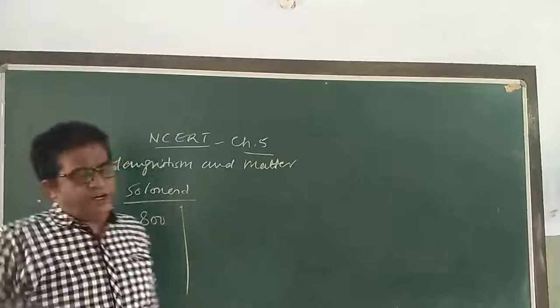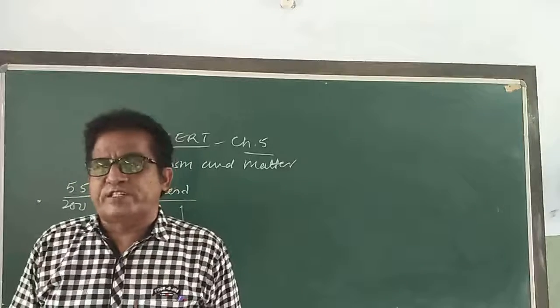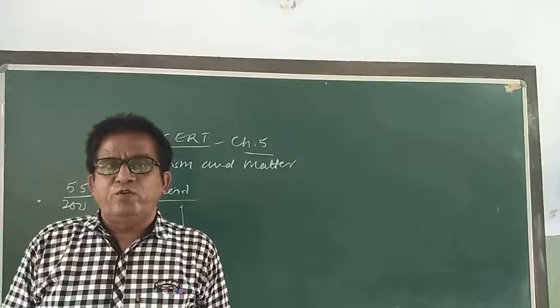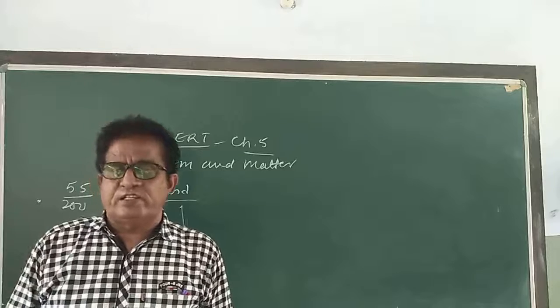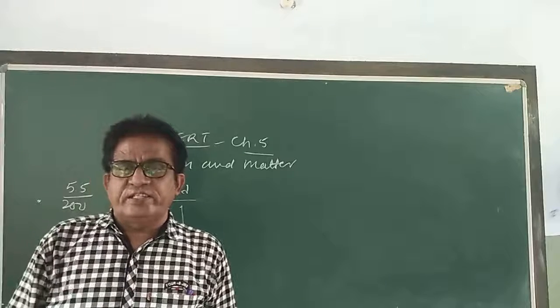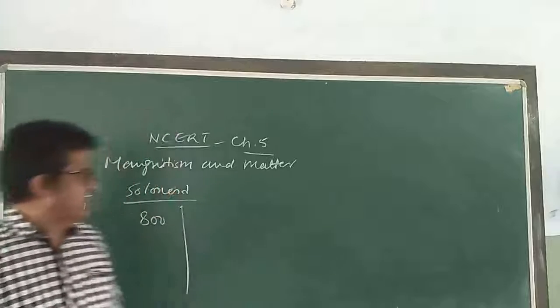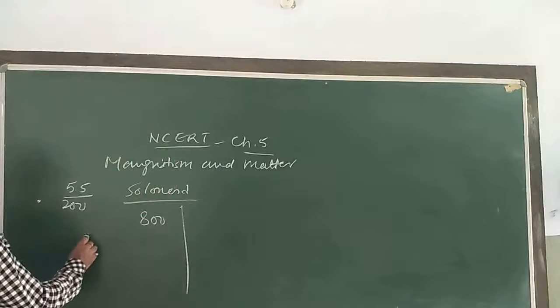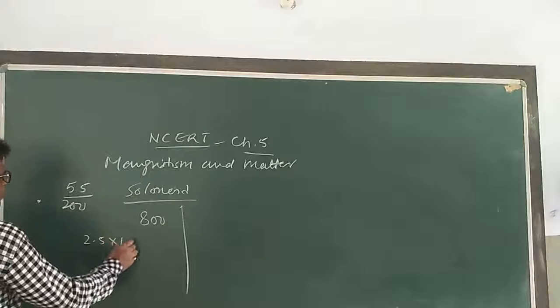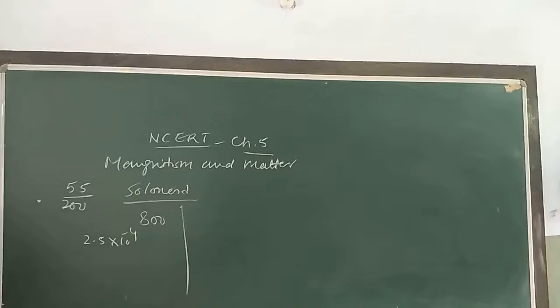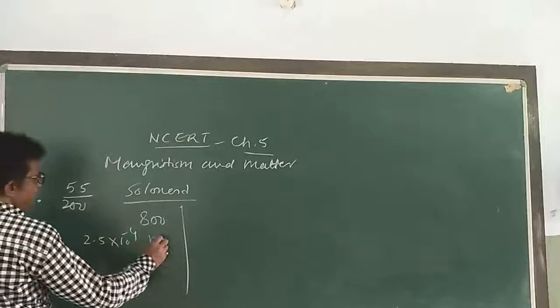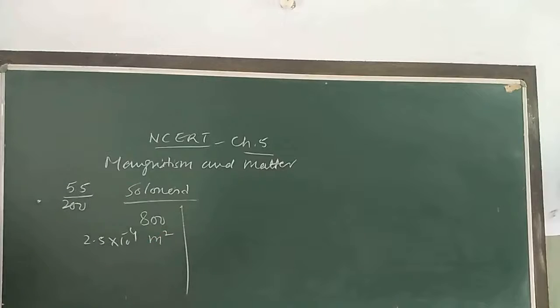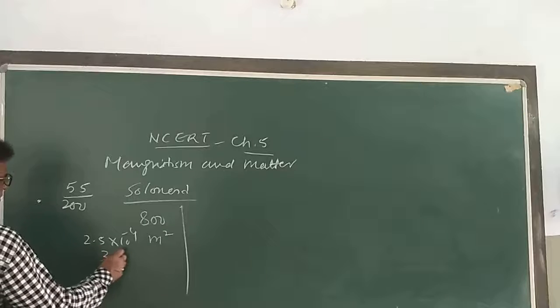You know very well, my dear children, most of the students know me very well, how to solve the numericals. First write the given things on the left hand side. 800 turns, area of cross section 2.5 into 10 to the power minus 4 meter square, carries a current 3.0 ampere.